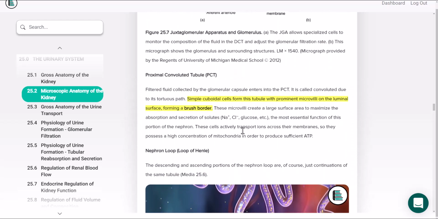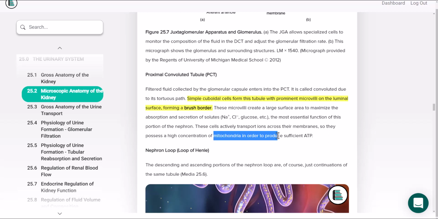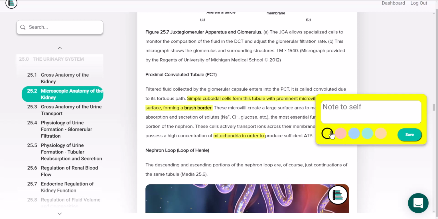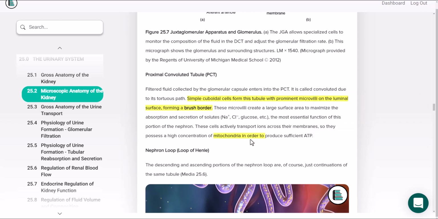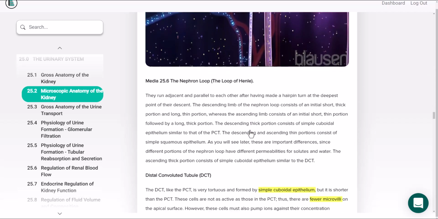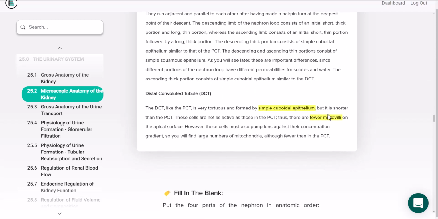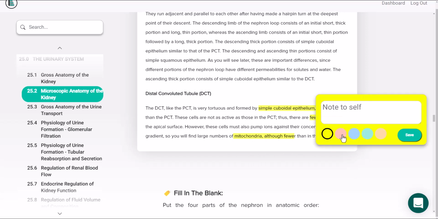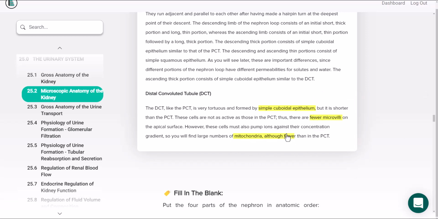There are a lot of mitochondria in the cells that make up the proximal tubule. The reason is there's a lot of ATP necessary to do the job of the kidney. So these cells have a lot of mitochondria, especially in the proximal tubule, and there are fewer microvilli and fewer mitochondria in the distal convoluted tubule in comparison.